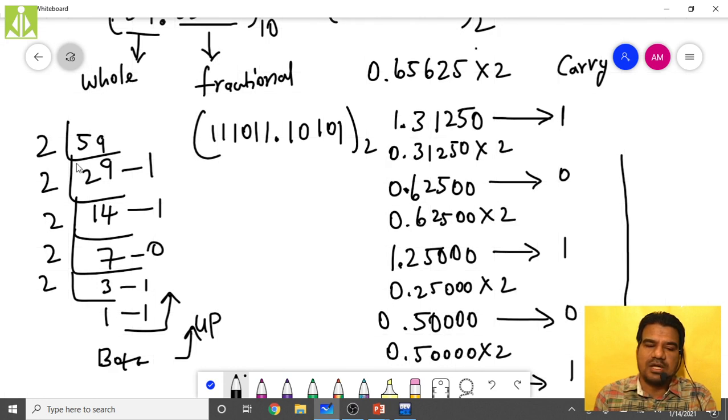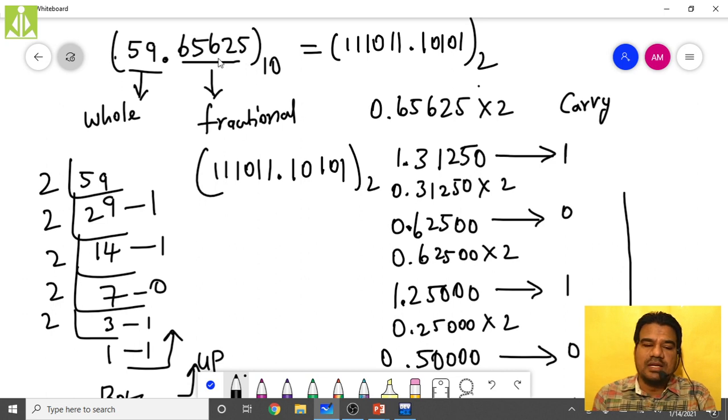Simply consider it as the whole number and perform the division with 2, and every time you write down the remainders, ones and zeros. From bottom to top you write down all those binary digits to get the binary equivalent of the whole number. Then the fractional part, simply multiply with 2, and whenever you get a whole number, simply write down that whole number as a carry, and if you are not getting any whole number, simply write down the carry as 0.